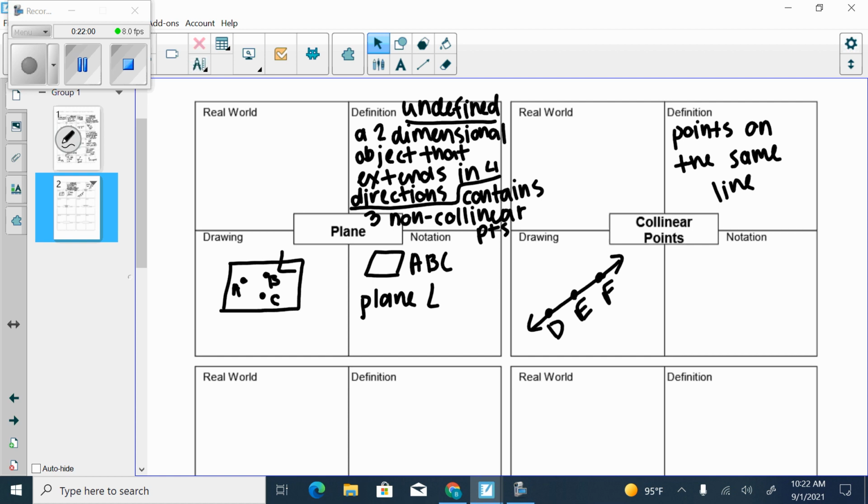Okay. So if I asked you what are the collinear points in this picture, you would either write it as point D, point E, and point F, or you could write it as points D, E, and F, just making a list. Okay.